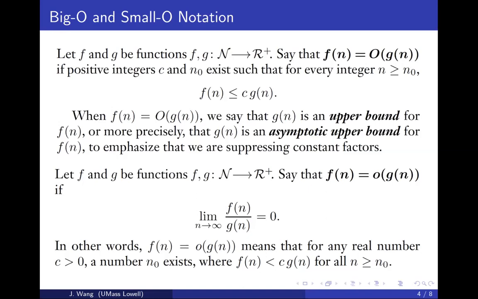We say that f of n is equal to big O of g of n if positive integers c and n0 exist, such that for every integer n greater than or equal to n0, f of n is less than or equal to c times g of n.